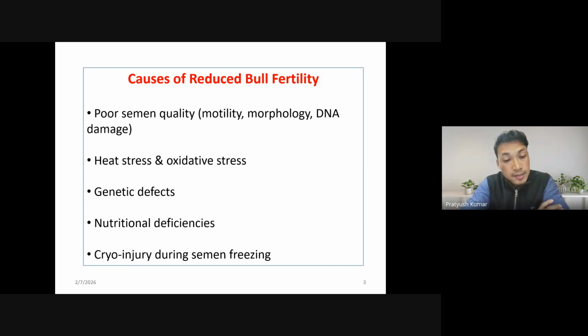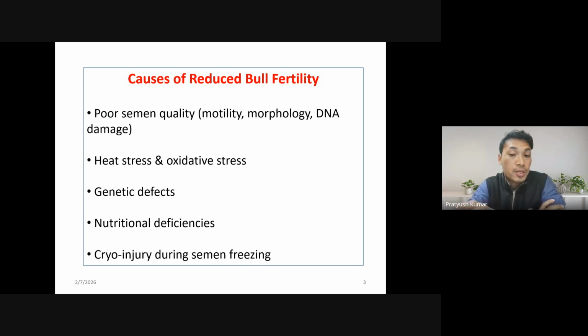Another cause for reduction in bull fertility is the cryo injury during semen freezing. Semen cryopreservation and storage is done in liquid nitrogen at -196 degrees. The process, from collection of semen from the bull until the production of semen straws, takes the whole day.